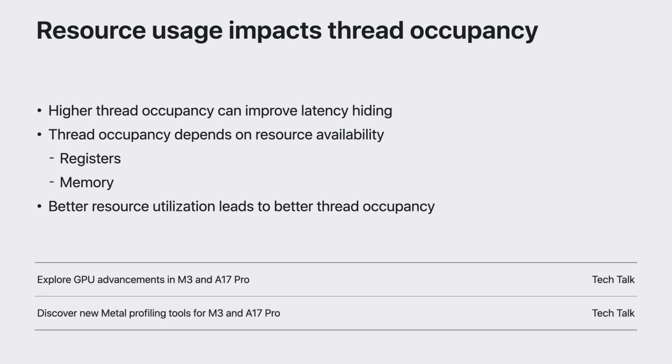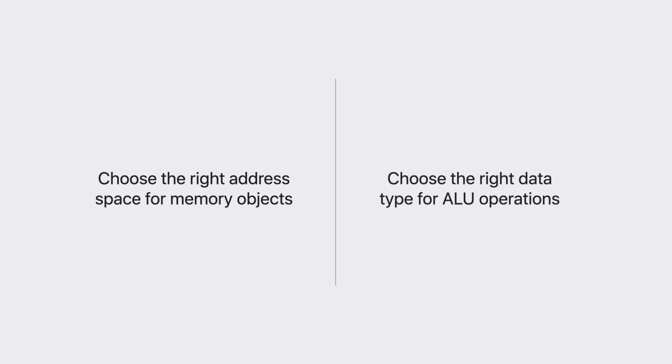For more details, please check out Explore GPU Advancements in M3 and A17 Pro. And to learn how to triage the lower thread occupancy bottlenecks, please check out Discover New Metal Profiling Tools for M3 and A17 Pro. The address space of memory objects and the data type used in ALU operations can impact the resource utilization.